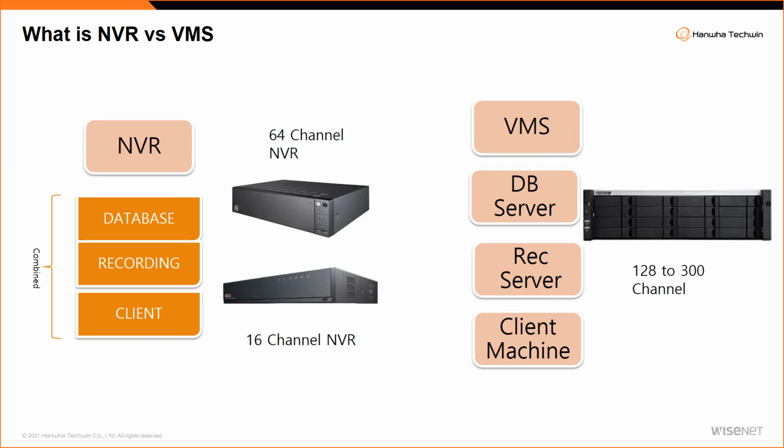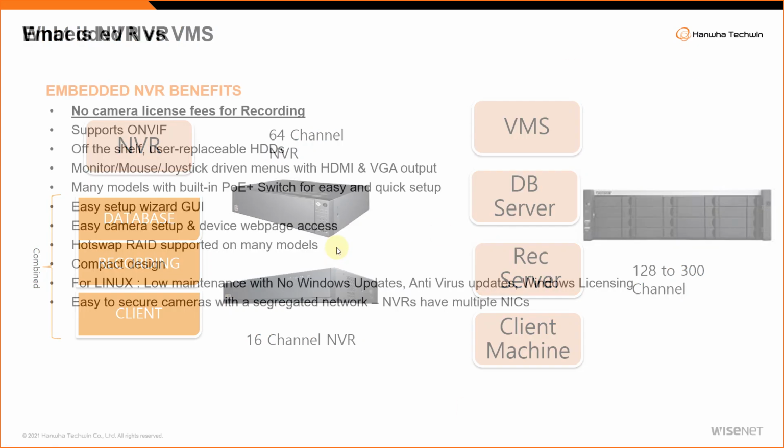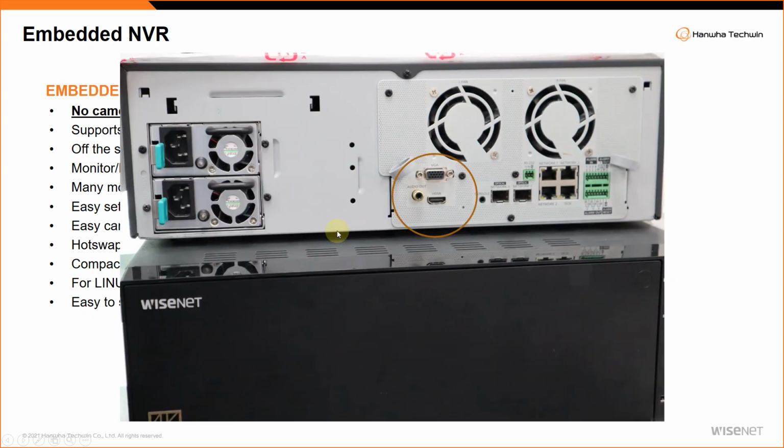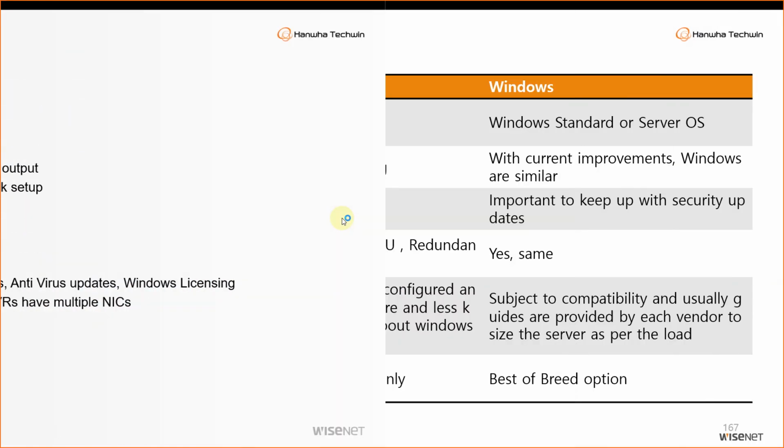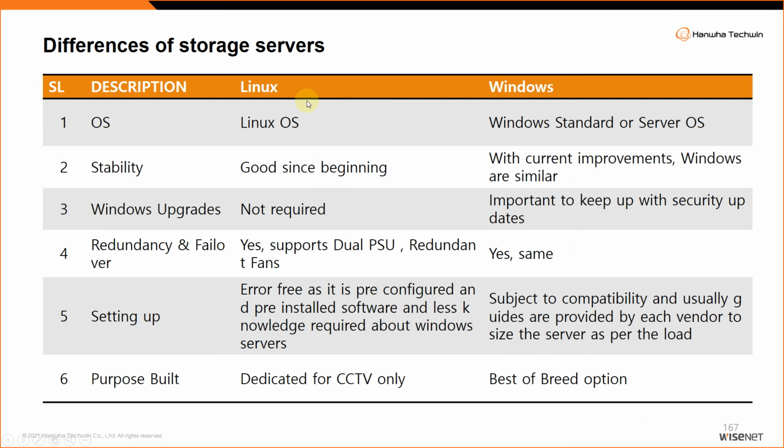If you're making your own server, then it would be license based. And the purpose built vendor can supply either Linux based or Windows based recording servers. It's up to the vendor's model list or product lineup.